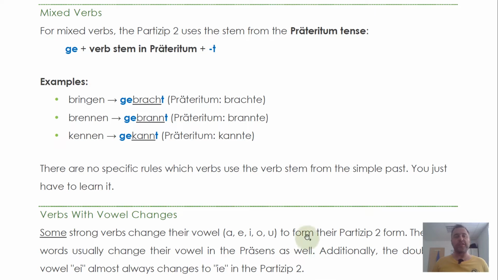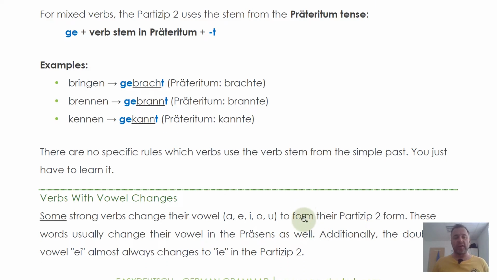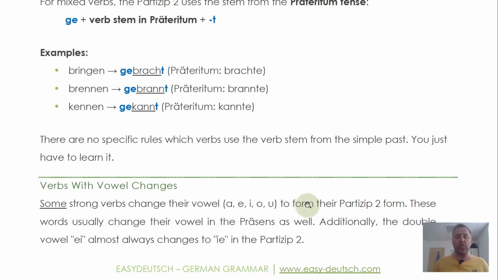So additionally to the mixed verbs, there are also some verbs with vowel changes. You know this vowel change from the strong verbs already. And vowels, just a quick reminder, are the letters A, E, I, O, and U. The rest are so-called consonants. And some of those verbs change them in their past participle form.